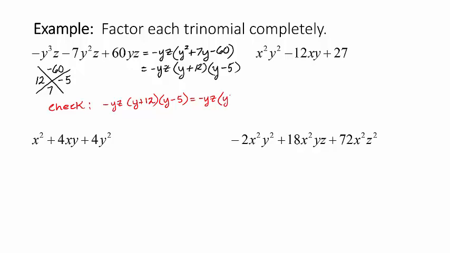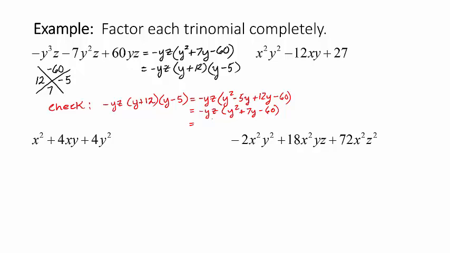In that foiling, we'll get y squared minus 5y plus 12y in the middle, outer and inner, and then the last, 12 times negative 5, is minus 60. So clean up that middle term. Negative 5y plus 12y is positive 7y minus 60.